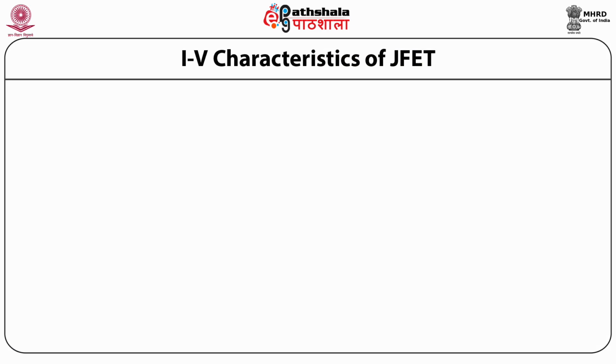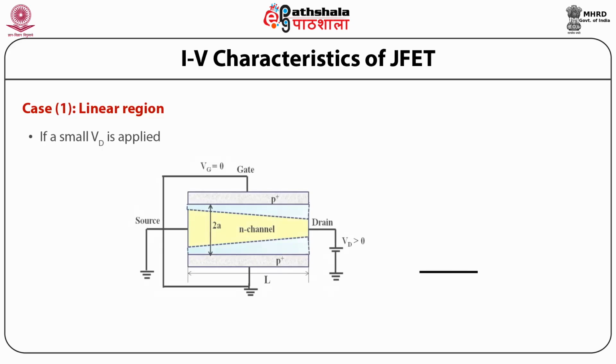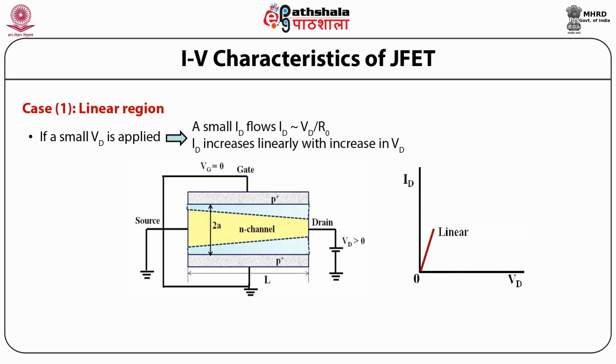IV characteristics of JFET. So let us now discuss the current versus voltage characteristics of JFET step by step. That is the first case, the linear region. Now here, if a small VD is applied, then a small ID, the drain current, flows, that is ID is approximately VD by R0.